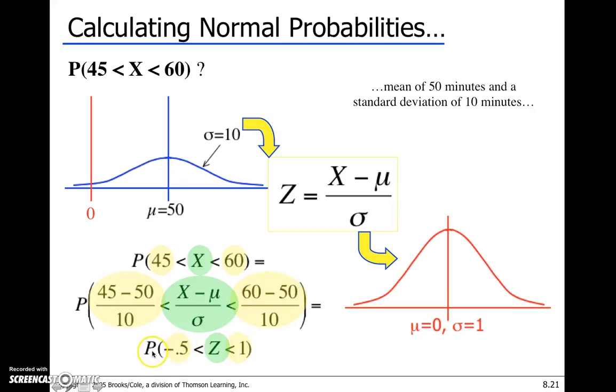This works out to be finding the probability that z is greater than minus 0.5 and less than 1. Now we look at the tables to get the actual result.